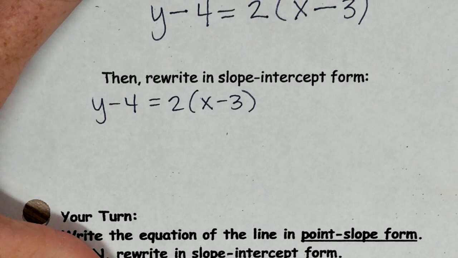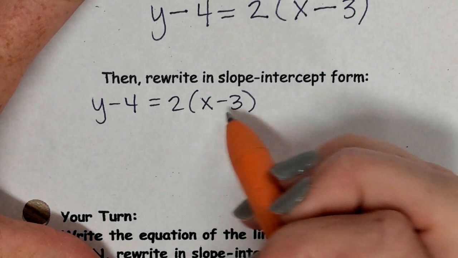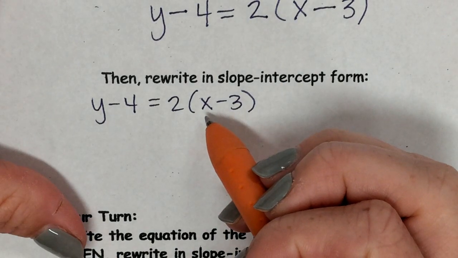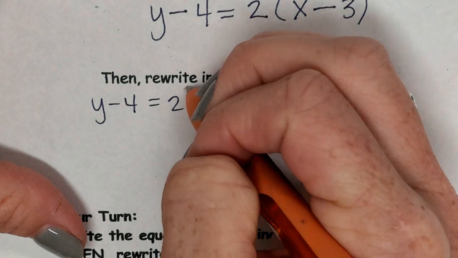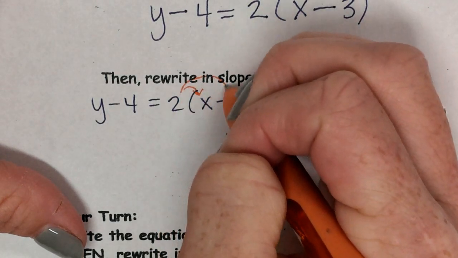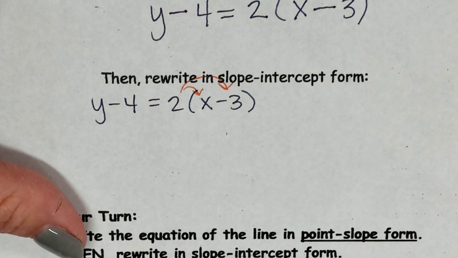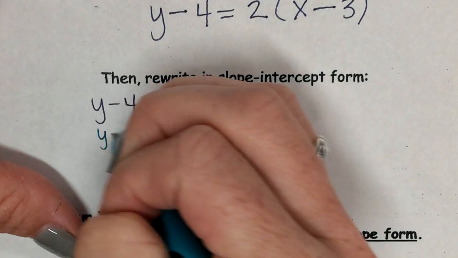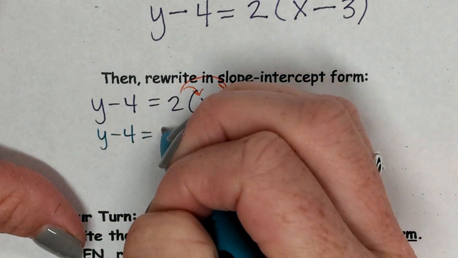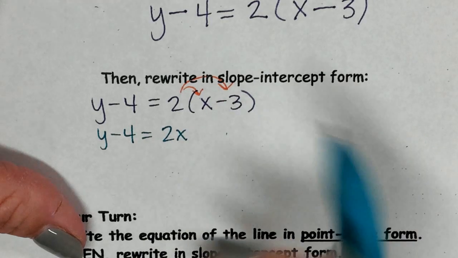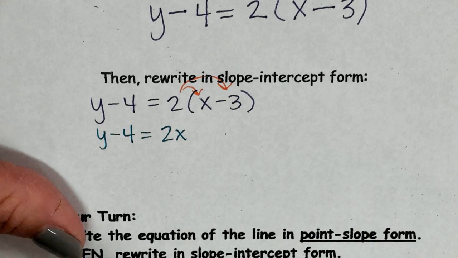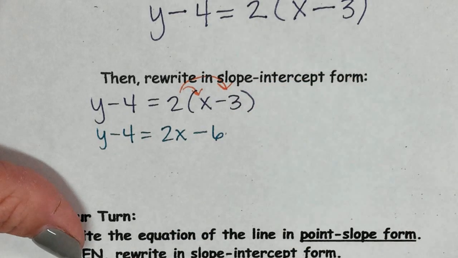All right, how can I deal with the parentheses? Distributive property. So I'm going to do 2 times x and 2 times negative 3. So I have y minus 4 equals 2x. What's 2 times negative 3? So minus 6. Are y'all good so far?